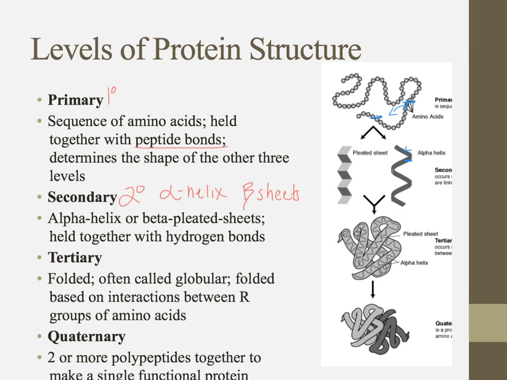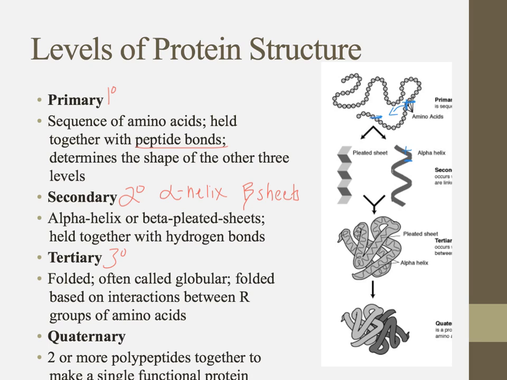Some proteins stop here. Some are folded even further into what we call a tertiary structure, sometimes written like this. So this is when we take those alpha helixes and those beta pleated sheets and we crumple them all together.